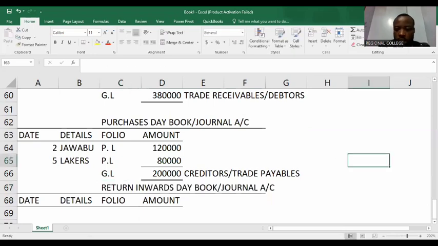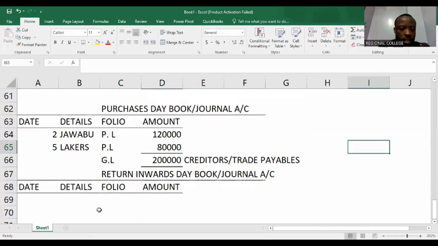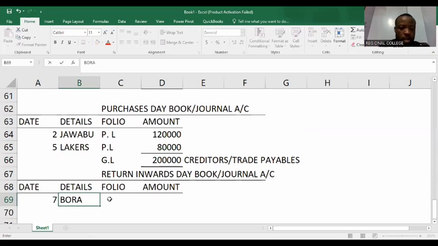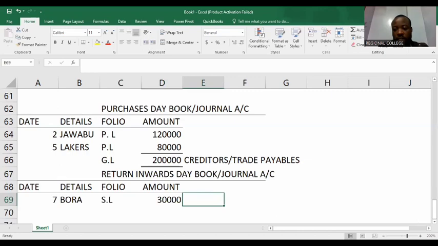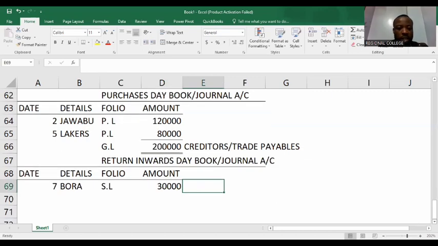So these return inwards are coming back on date 7th. The customer returning them is borrower. That means they still go to the sales ledger and the amount was 30,000. It is only one transaction and that transaction will be there in the return inwards account.